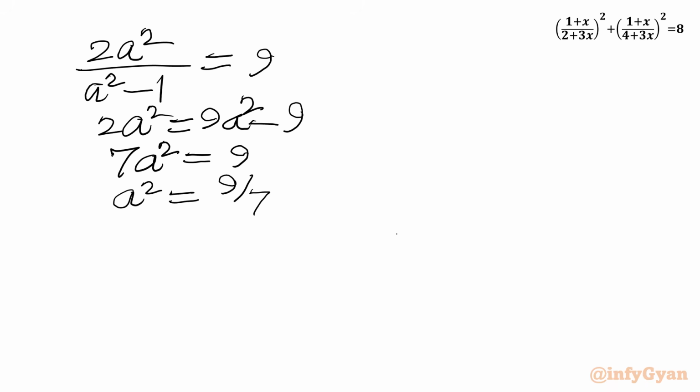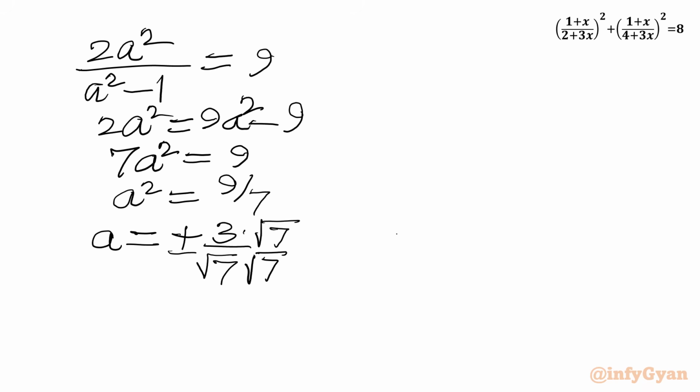Now we'll take square root both sides and we'll have a equal to plus minus 3 over square root 7. Now we can rationalize denominator by multiplying root 7 in the numerator and in the denominator. So this will become a equal to plus minus 3 root 7 over 7.